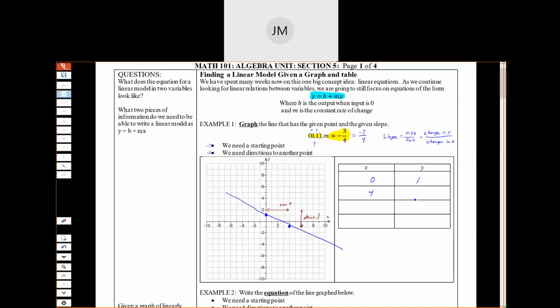And if I go down 3, I'll be... I was right the first time. I don't know why I can't count to 3 today. From my y value of 1, I go down 1, 2, 3.